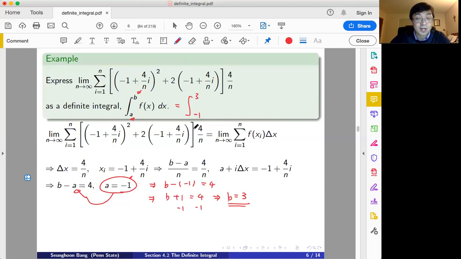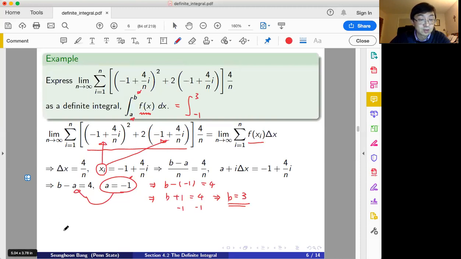Next, you have to find f of x. What is f of x? You can compare. Minus 1 plus 4i over n, squared, plus 2 times minus 1 plus 4i over n is f of xi. What is minus 1 plus 4i over n? It is xi. You plug this one into here.